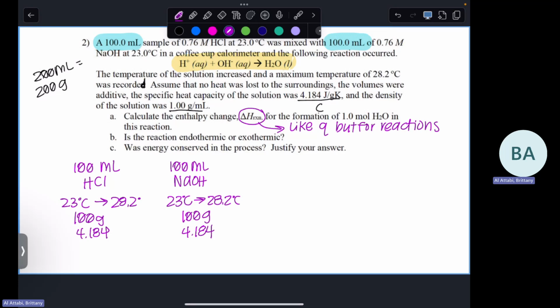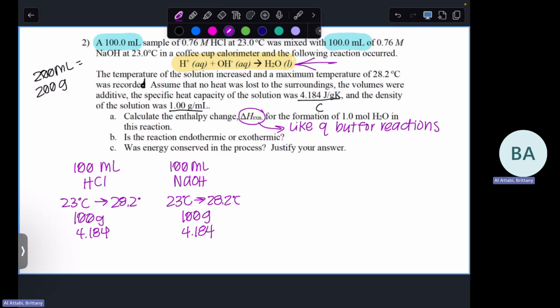So what I'm going to do is calculate the heat of my solution. Up at the previous question, we had copper and water. Here we have a reaction, and the water that it is happening in. So the reaction releases heat. The water absorbs that heat.